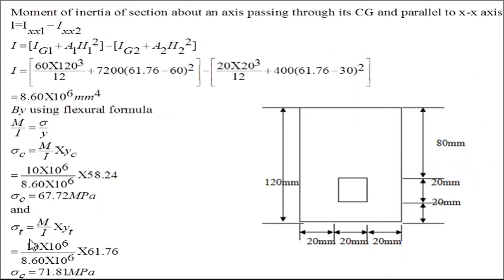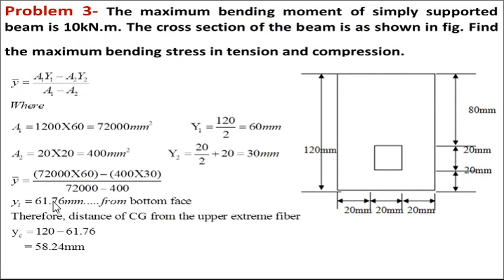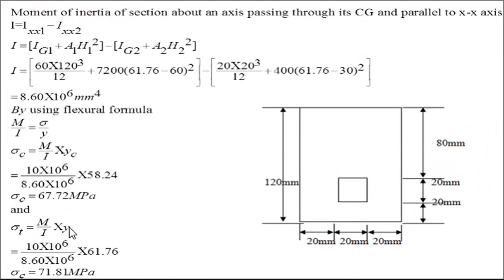And to find sigma t, here you have to take only yt. M upon I will be as it is, only the yt distance will be taken. Yt means the distance of the extreme fiber, that is y bar, the distance of the neutral axis from the bottom.